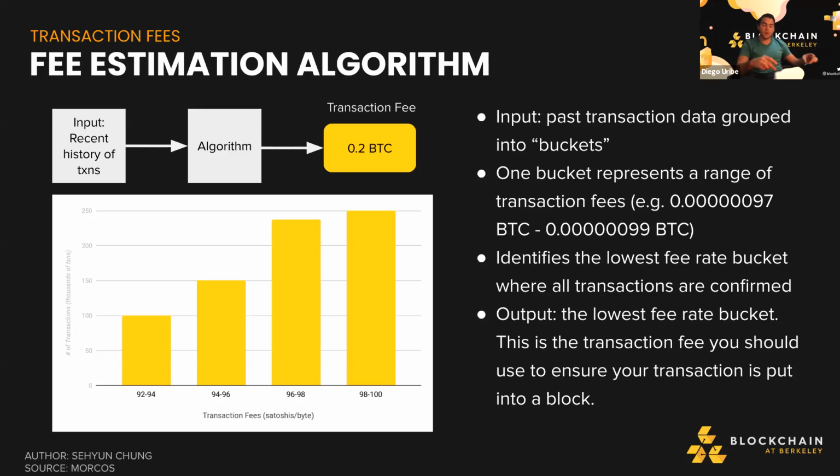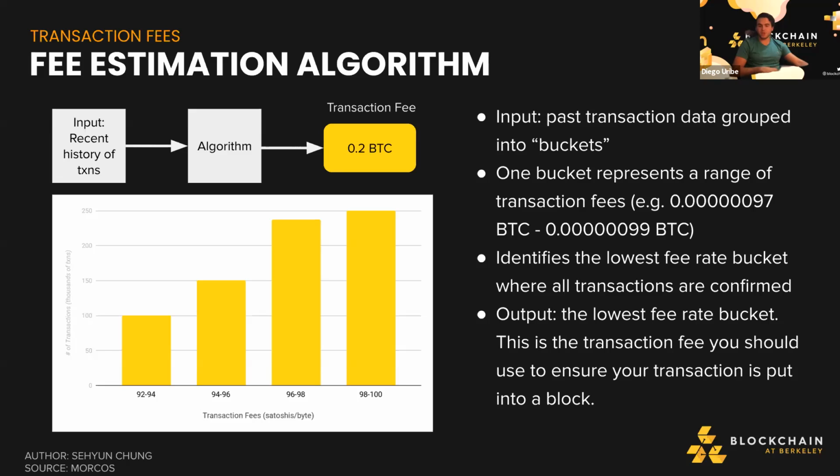So what we want to do is put the transactions into buckets based on the transaction fee. Then the algorithm is going to look at the lowest fee rate bucket where all the transactions in that bucket were confirmed within the target that I want, and also all the transactions in buckets with higher fees were also confirmed within the target.